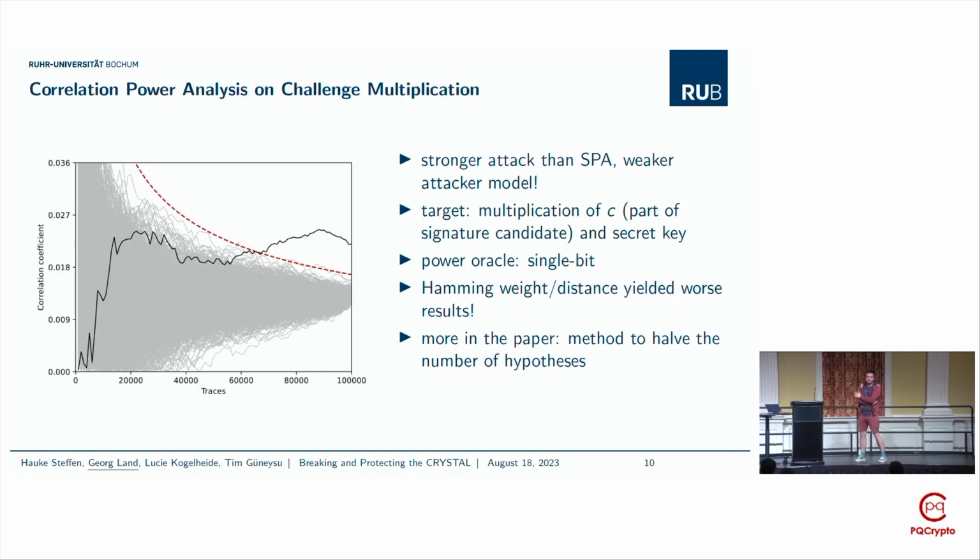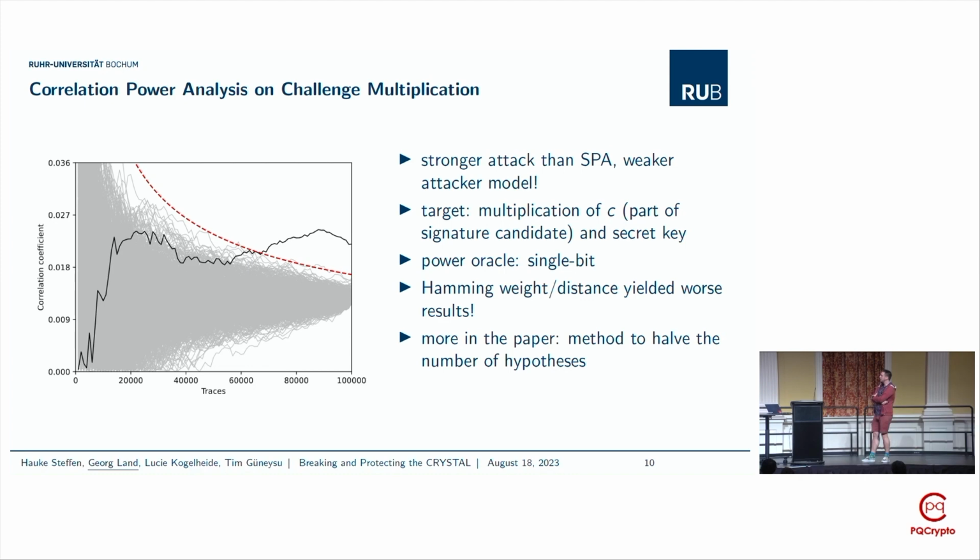The second attack that we applied is correlation power analysis. This is a weaker attacker model, so the attacker does not have at any point access to a profiling device where he can program arbitrary secret keys.